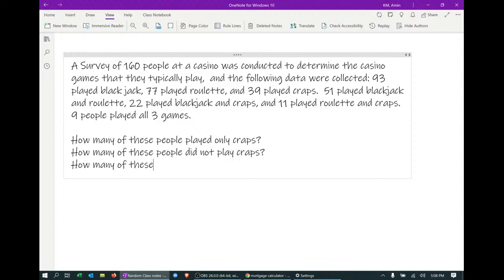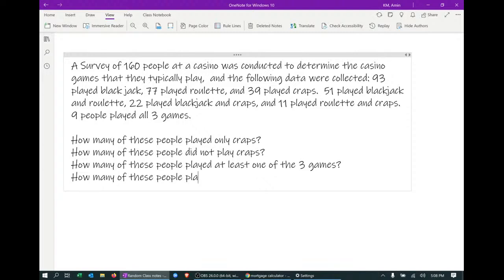How many of these people played at least one of the 3 games? And how many of these people played blackjack or roulette? All right, try this one. Try to do the Venn diagram for that. This is a 3-set Venn diagram.